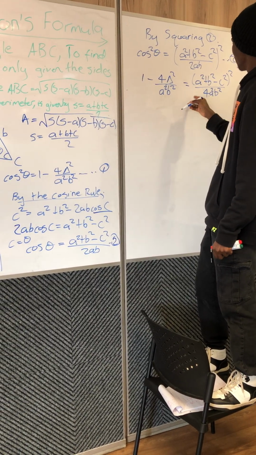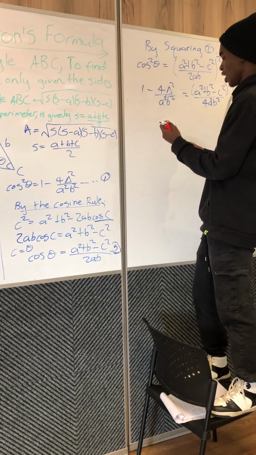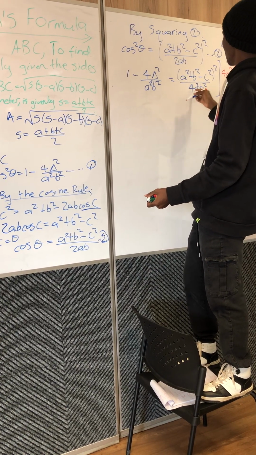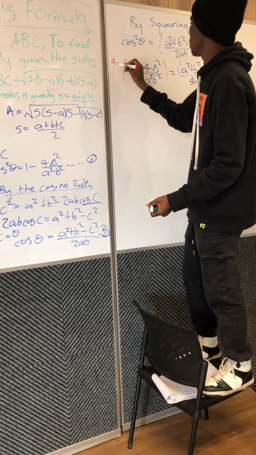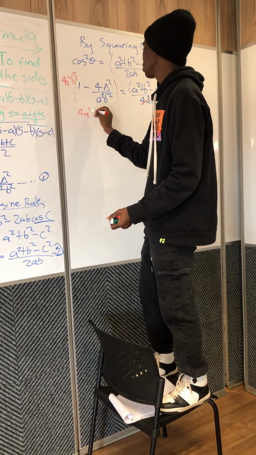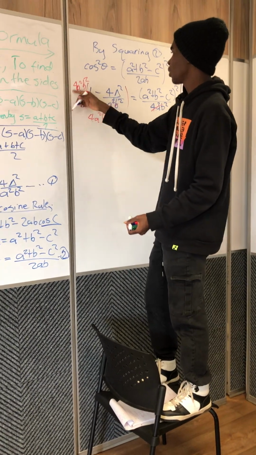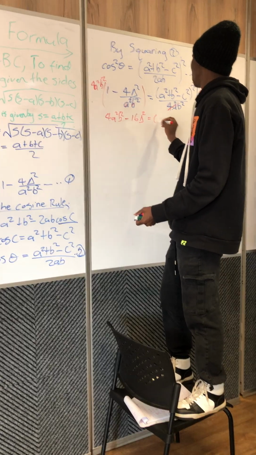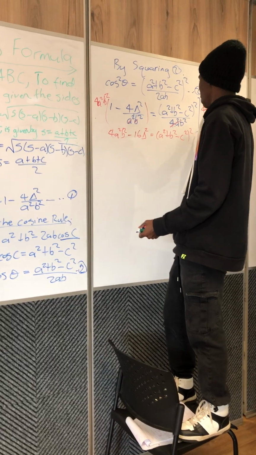Now if I multiply everything by 4a squared b squared, here it's going to cancel. Here I would have 4a squared b squared, and the a squared b squared cancel, but the 4 remains. So minus 16 delta squared equals a squared plus b squared minus c squared, all squared.